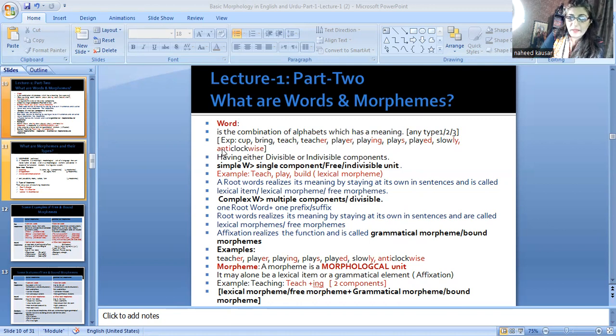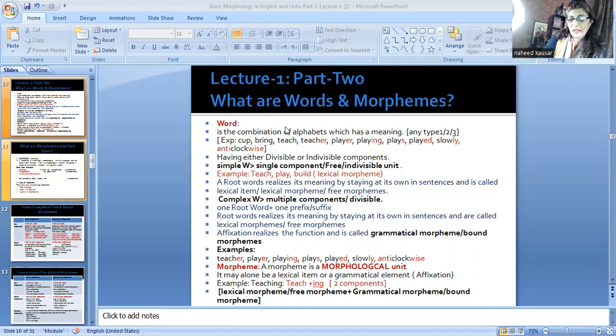Here you can see that it's a word which very clearly has 3 components marked in different inks: anti, clock, and wise. There are 3 parts of the same single word.